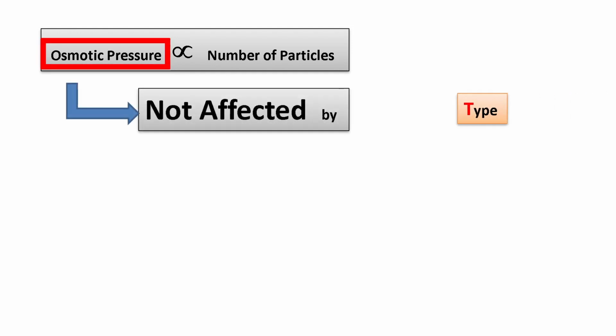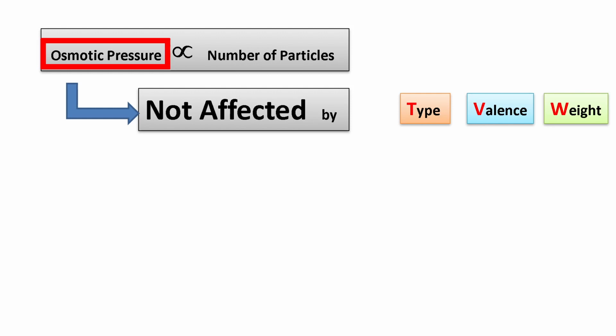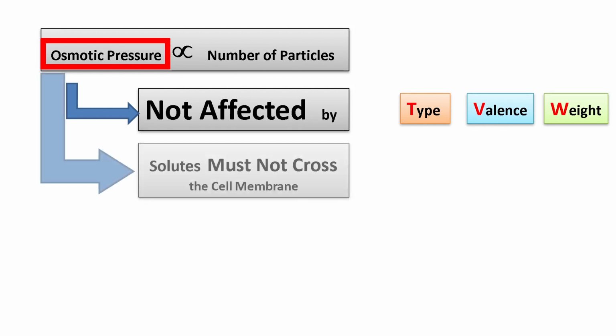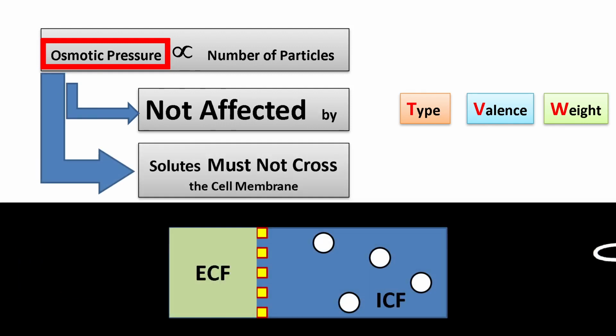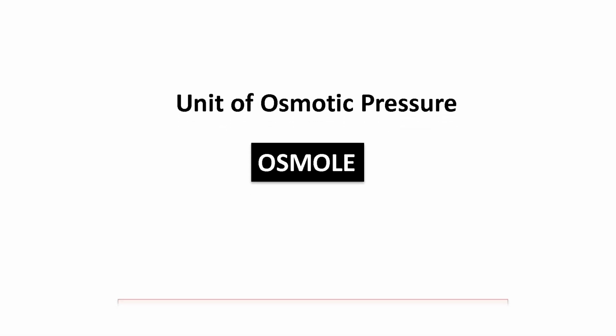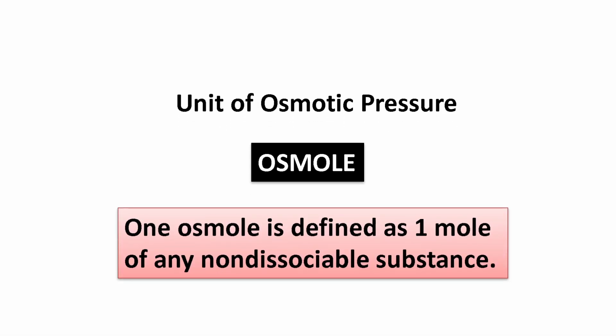It is not affected by the type, valence, and weight of the particles. Osmotic pressure is only possible when impermeable solutes are present in a solution. Osmole is the unit of osmotic concentration.